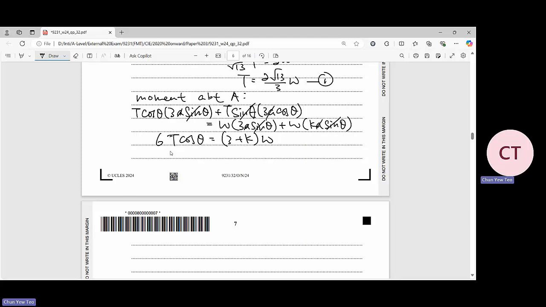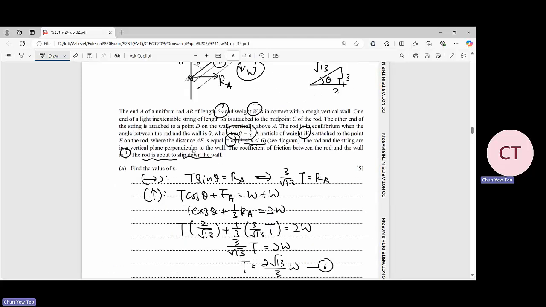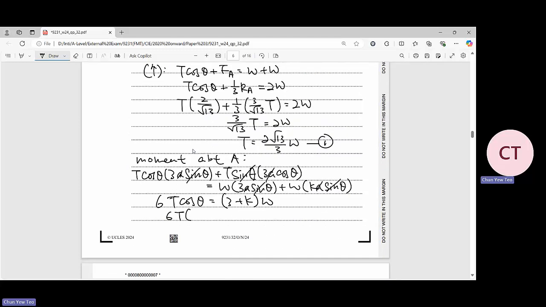Then I have cos theta according to the right-angle triangle, 2 over root 13. Now maybe we can simplify that, it becomes 12 over root 13 T.